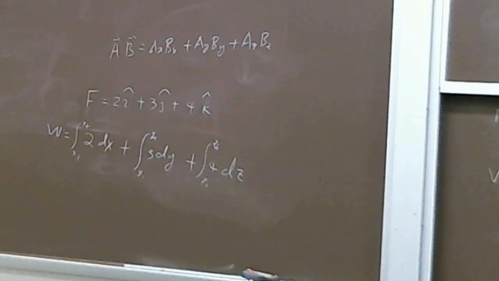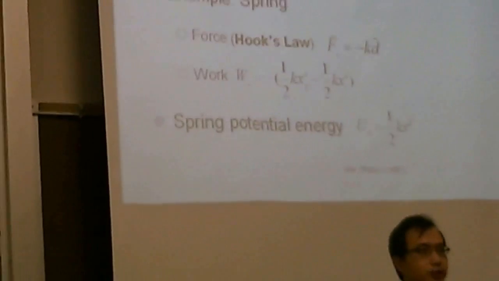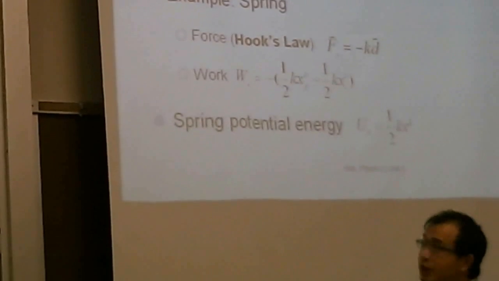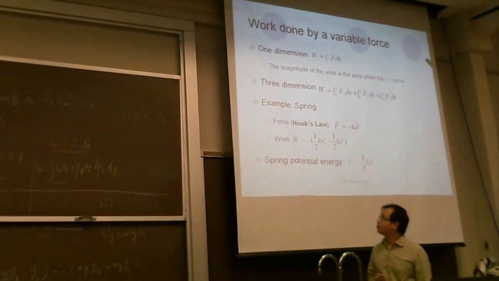So now let's look at one example. A spring. This is a variable force, but we can go back to the one-dimensional situation. The spring force is given by Hooke's law.